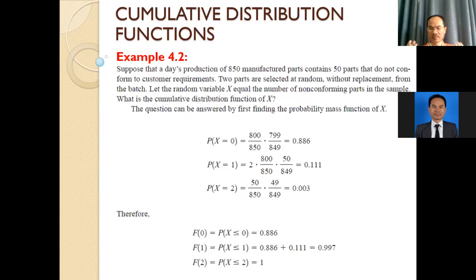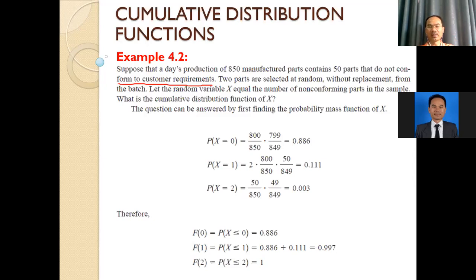We have 50 fail. Fail, in this case, means do not meet the customer requirement, which is not according to the customer's spec.